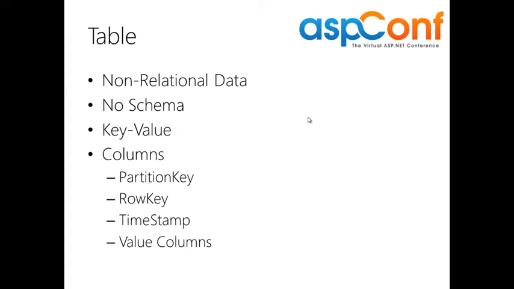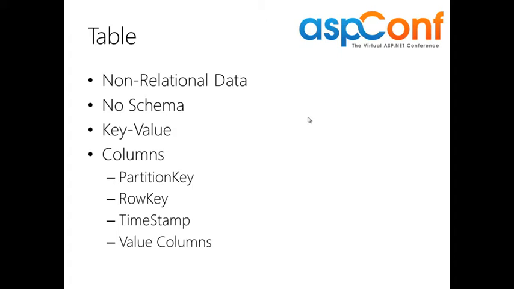It is simply a set of key value pairs. There'll be unique identifiers and then a bunch of extra properties or columns that define the entity in each row. It's also important to understand that there's no schema associated with a table.